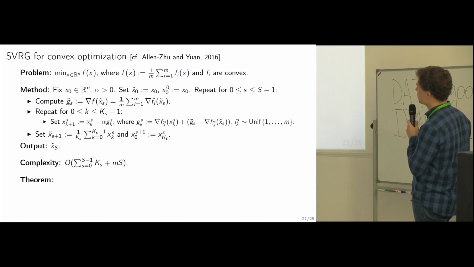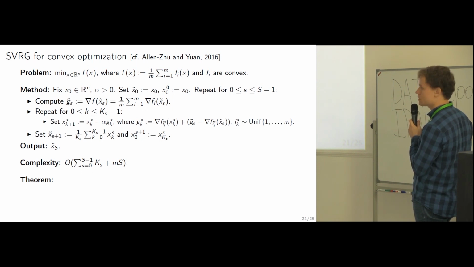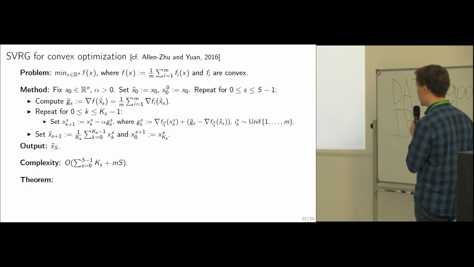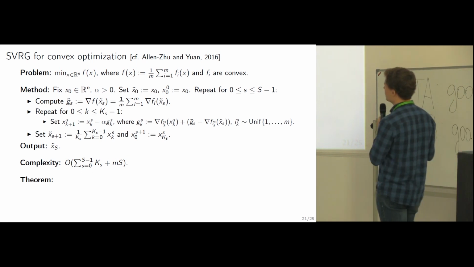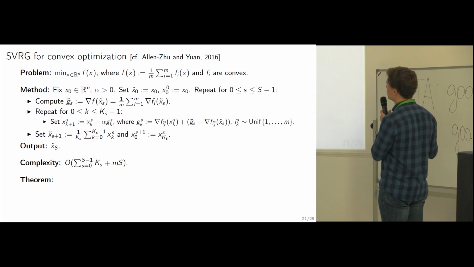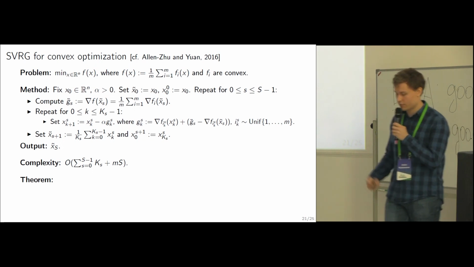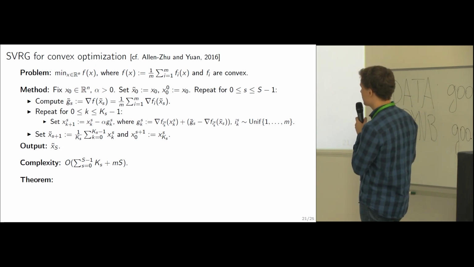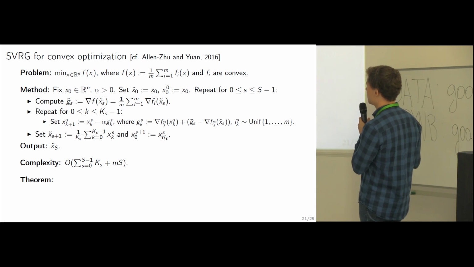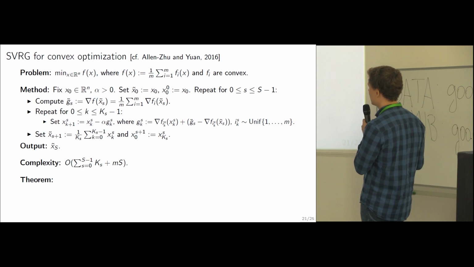At every epoch, we compute m times these individual functions. And so this gives us this total complexity. From this we see that we should not have too many epochs, because if we have a lot of epochs, then this complexity will be very big, right? m multiplied by something big.